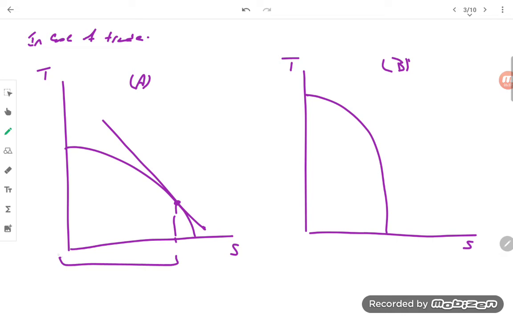Say OU is the quantity produced of soybeans in country A, and OV is the quantity produced of textile in country A.